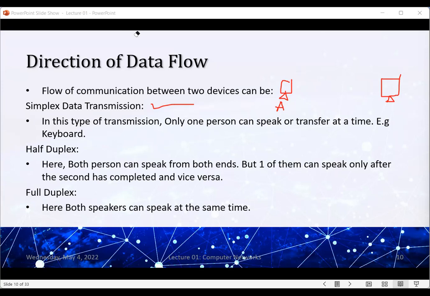Both ends can transmit information, and also both end can listen what other shares, right? Is it clear? Okay.